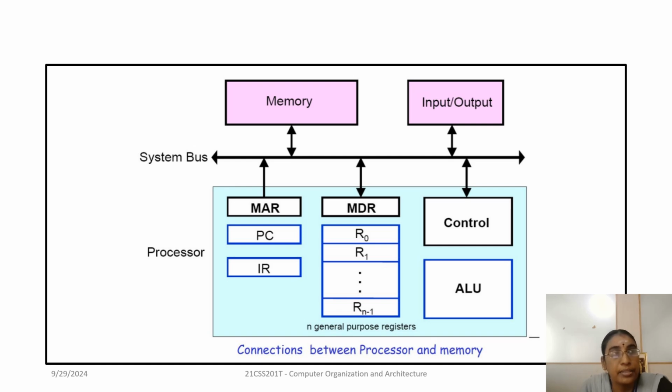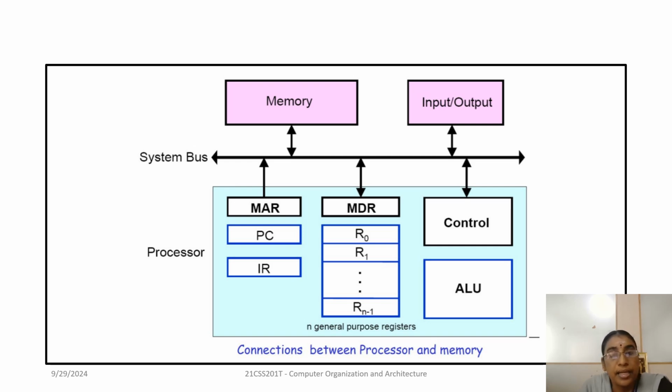The general purpose registers start from R0 to Rn-1, and all the basic operations use these registers. The control unit generates the control signals indicating where to fetch, where to store, and when to read or write a value. All the signals are generated from this unit. Finally, the ALU is mainly useful for performing the arithmetic and logical operations inside the computer.